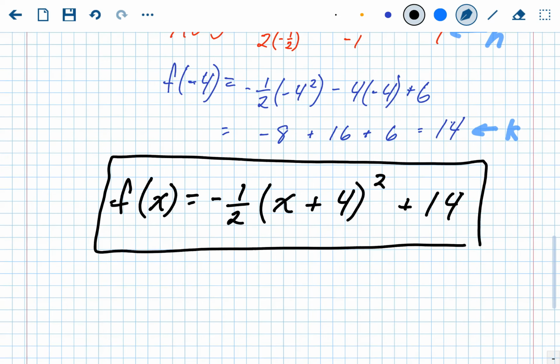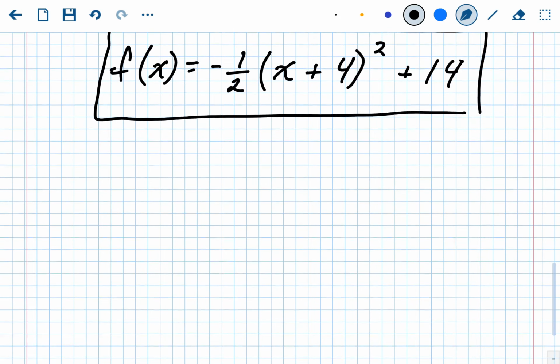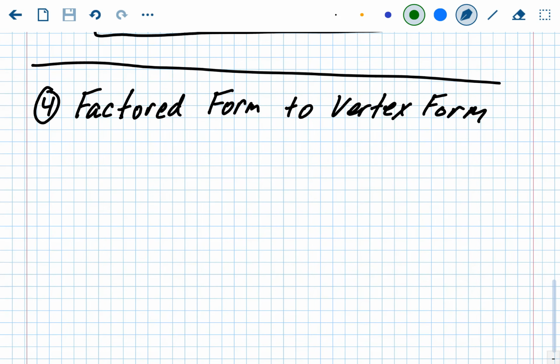Now, the last one we're going to do today is we're going to go factored form to vertex form. All right, as you could probably guess, to go from factored form to vertex form, you're going to have to find the vertex and identify a. So exact same thing. If you need to be in vertex form, you have to know what the vertex is.